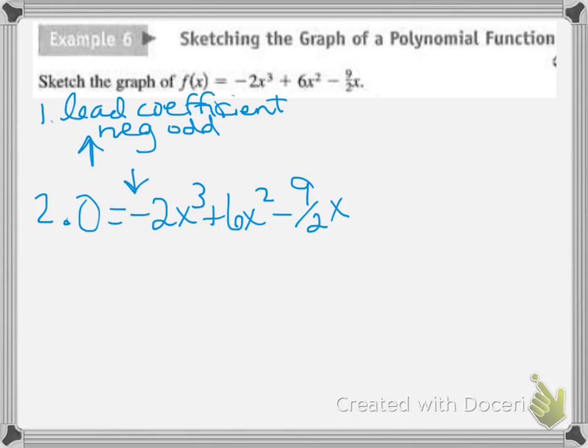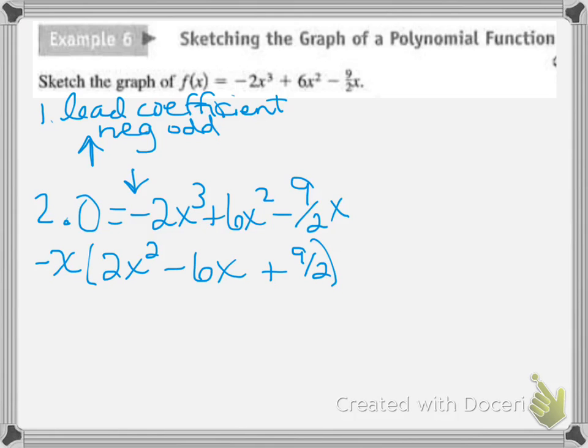Okay, so instead of taking out the negative 2, let's take out the negative x. That gives us 2x squared minus 6x plus 9 over 2. You know what would make it easier? Taking out 1/2.